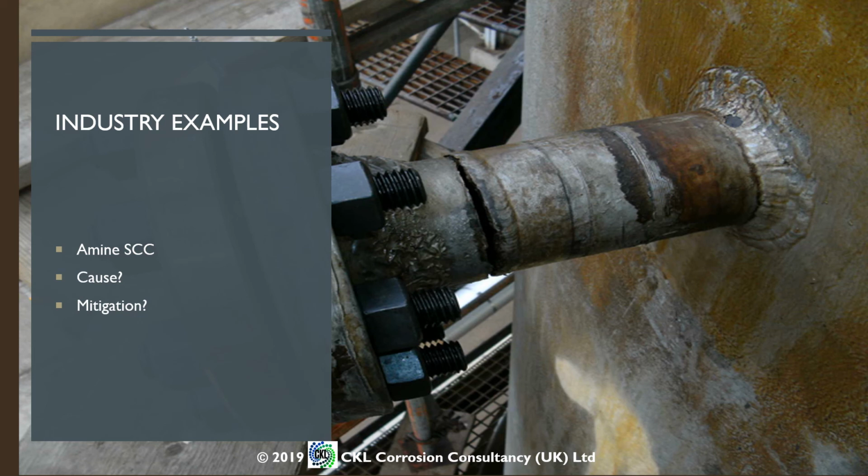So typically these days we would post-weld heat treat, so we'd stress relieve carbon steel that was in amine service, but this column had been in service for 20-30 years, and therefore this cracking phenomenon wasn't really a major issue at the time, and it wasn't something that was incorporated within the design. So it wasn't post-weld heat treated.